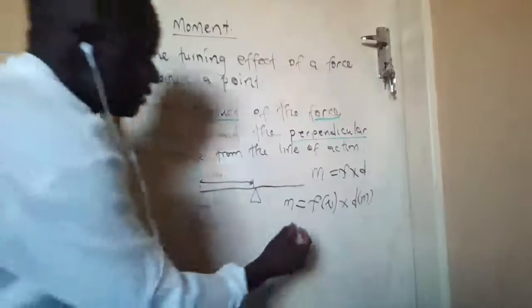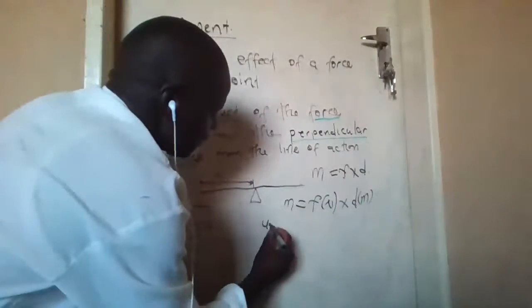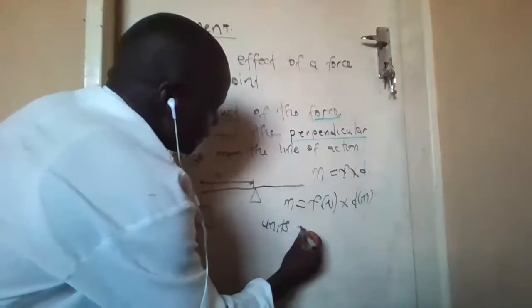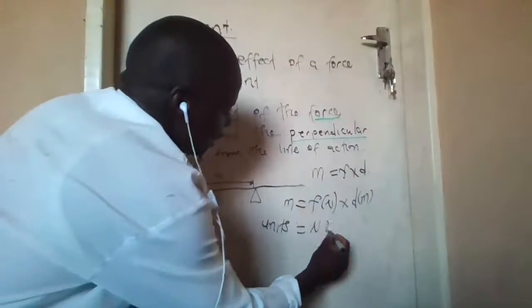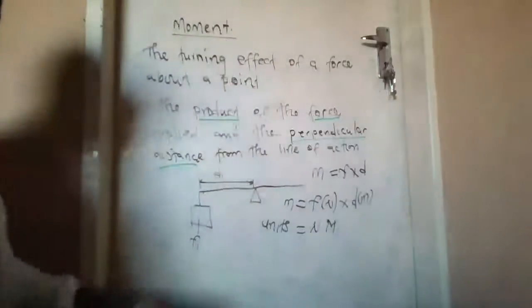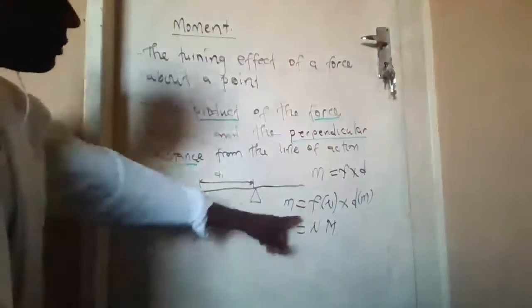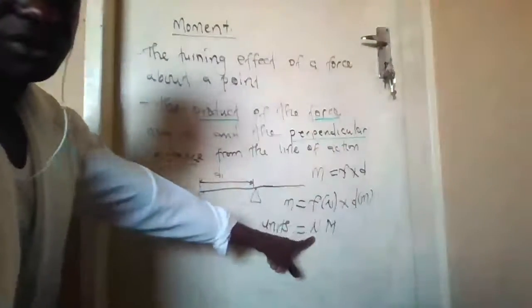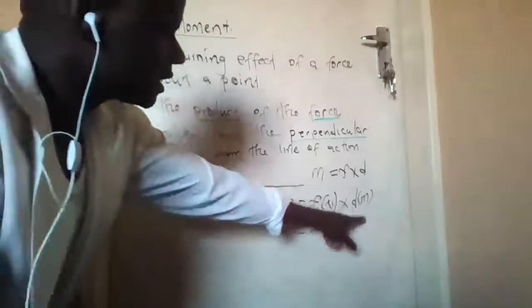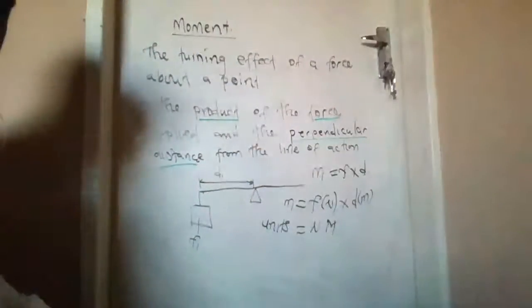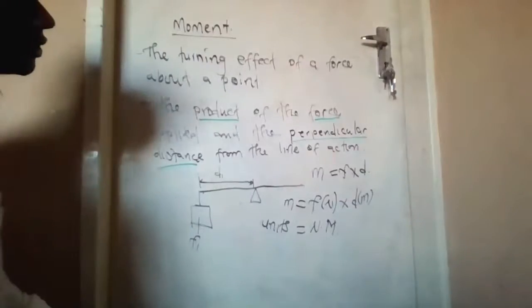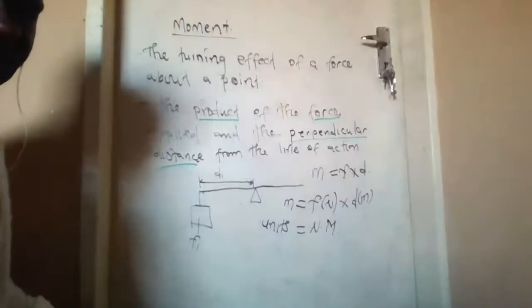So the unit for moment will be Newton meter, because we are multiplying the force, whose unit is Newtons, and the distance, whose unit is meters.